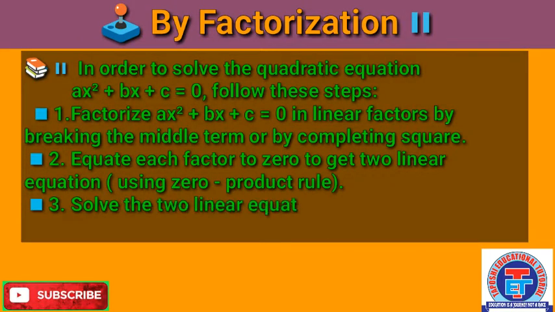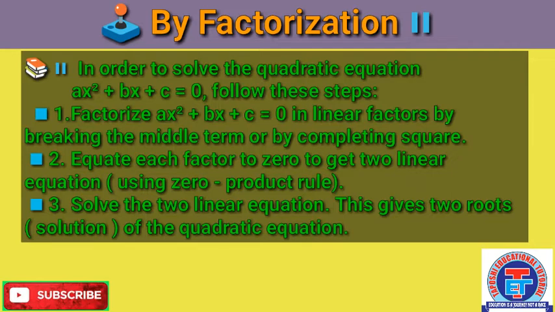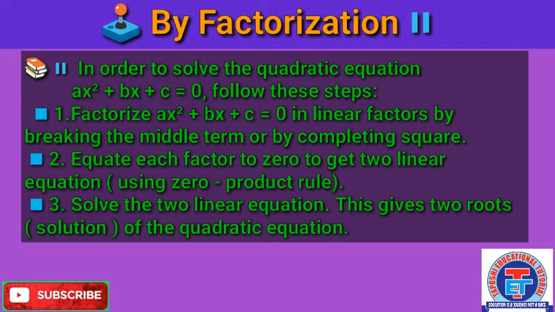Number 2, equate each factor to 0 to get two linear equations using the zero product rule. Number 3, solve the two linear equations. This gives two roots or solutions of the quadratic equation, right?